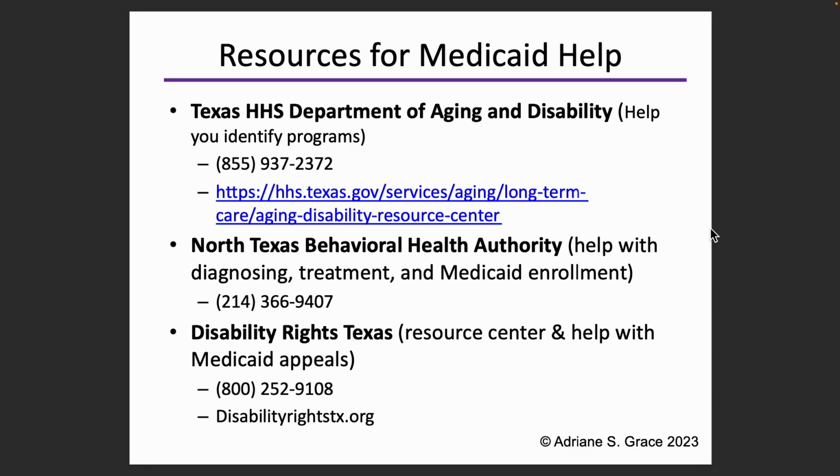But that is a really hard application to make, and they frequently drop people. Those parents often need help with the appeal, and Disability Rights Texas does offer assistance and has some resources on their websites for those Medicaid applications, but they're very rare. Probably those of you who are here might not need that.